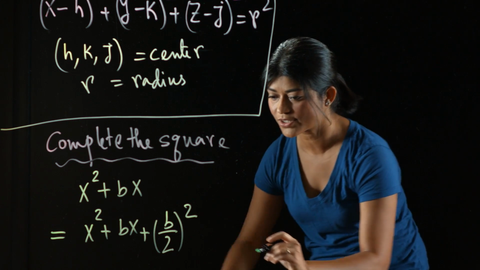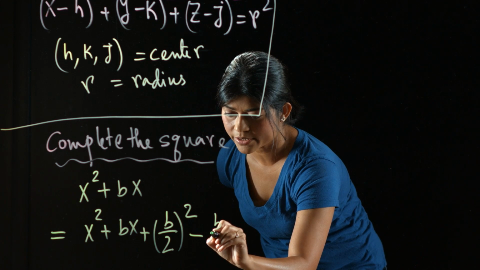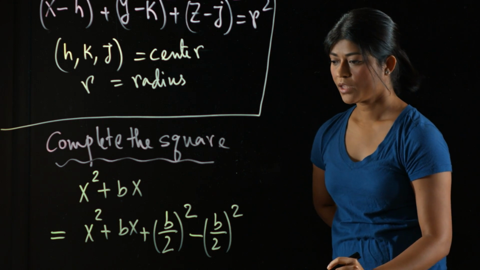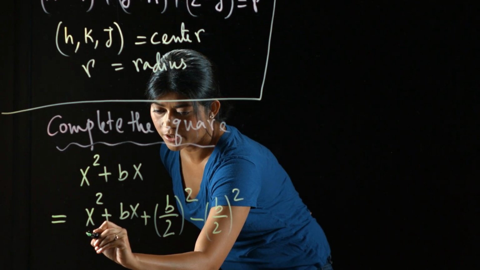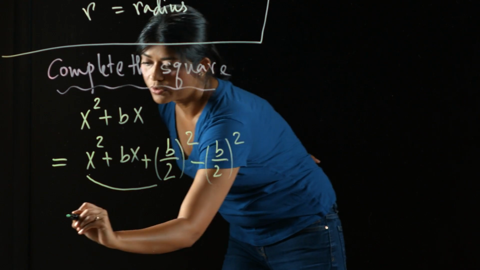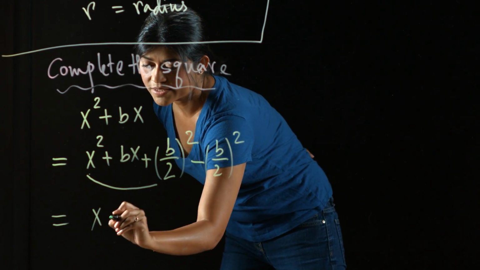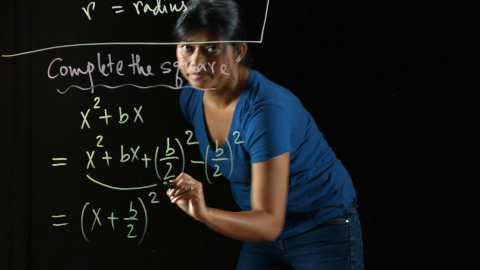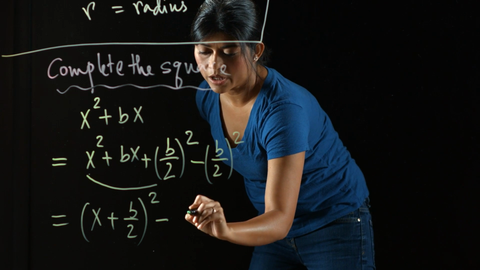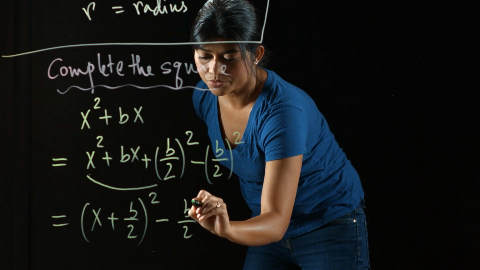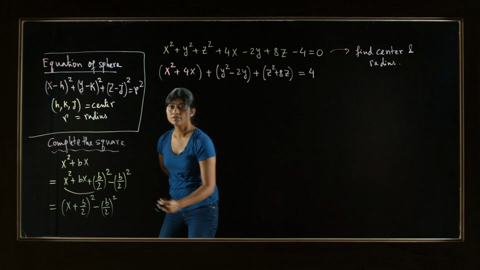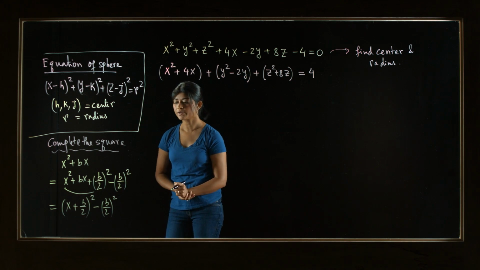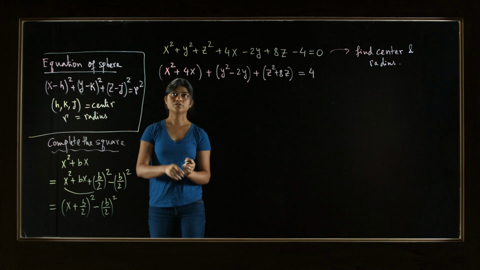Since we have added an extra term, we have to also subtract that extra term. And now these 3 terms together will give you the complete square, x plus b over 2 square. And then we'll have this b over 2 square with the negative sign along with it. But we will get our complete square here. That's what we want. Okay, so let's do that here.